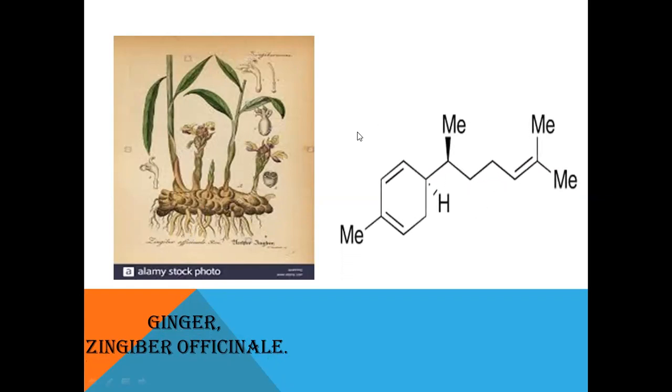Then here we can see the structure of gingiberine. The molecular formula of gingiberine is C15H24. Here we can see a cyclohexane ring. In the introduction, we have seen that it is monocyclic. Here you can see one ring, and the ring has two double bonds which are conjugated, that is, they are alternate: single bond, double bond, single bond, double bond.